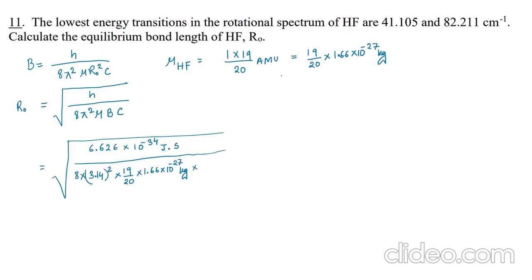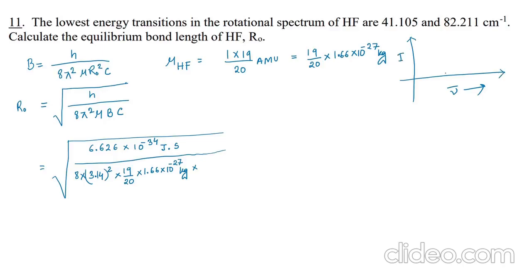What about B? Do we have the value of the rotational constant B? Yes, we have. See, here it is written: the lowest energy transitions are given. This is your wave number, and this is your intensity scale.